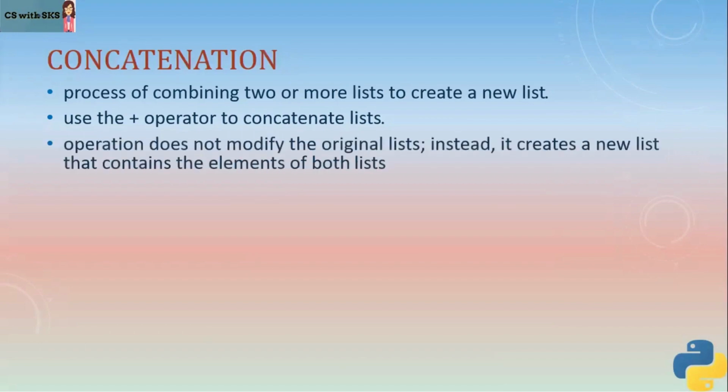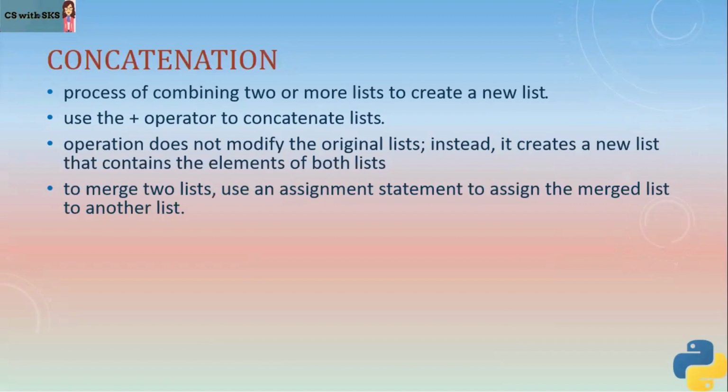Now, very important to understand that this operation does not modify the original lists. Instead, it creates a new list that contains the elements of both the lists, right? So if you're writing list 1 plus list 2, it will create a new list where elements of both the lists are present.